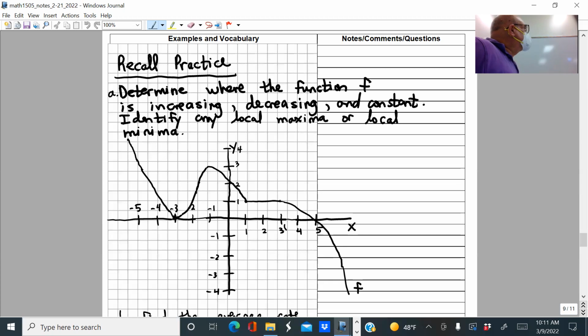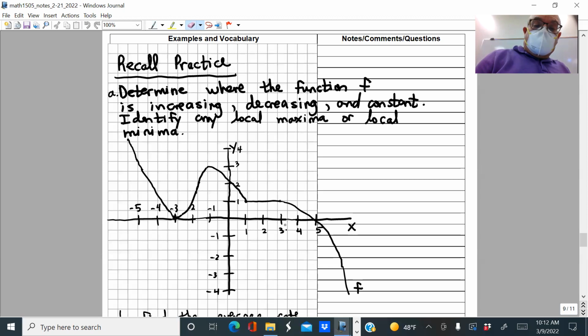Where is this function increasing and where is it decreasing, and then where is it constant? Remember, you're going to give your answers in terms of the intervals along the x-axis. Always give your answers here as intervals along the x-axis, not the y-axis. Have a stray mark here.